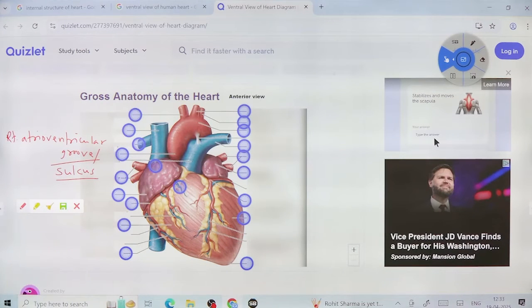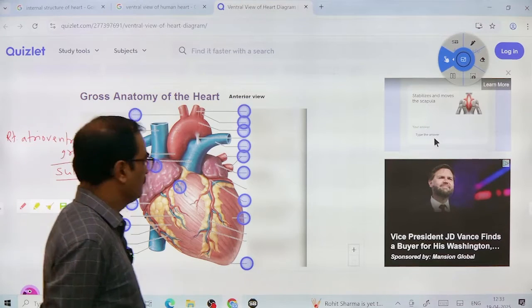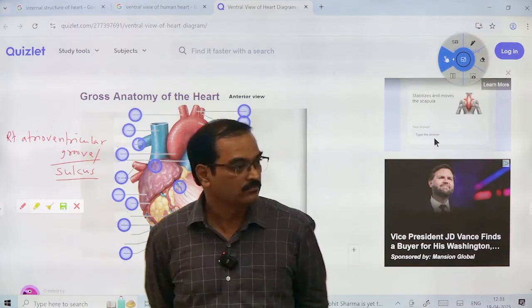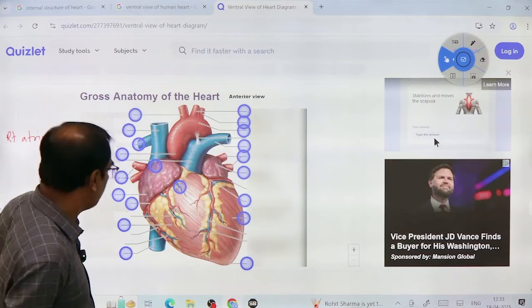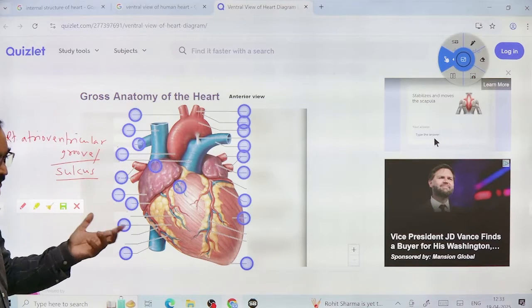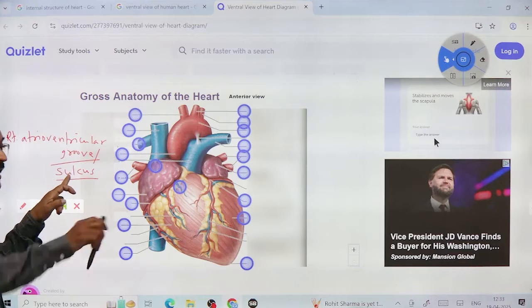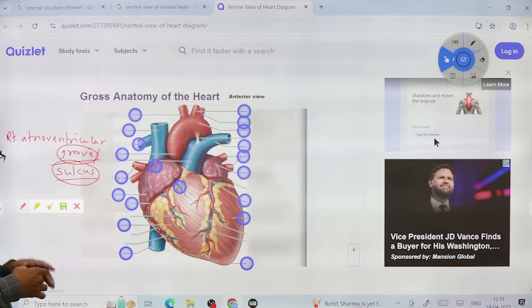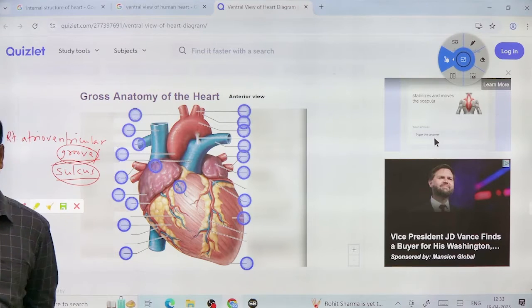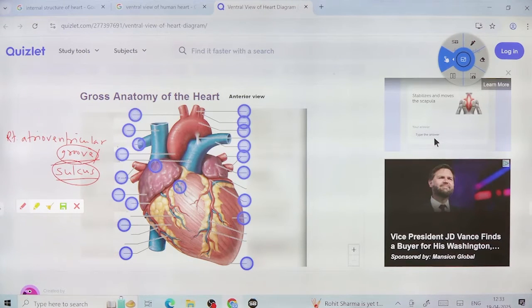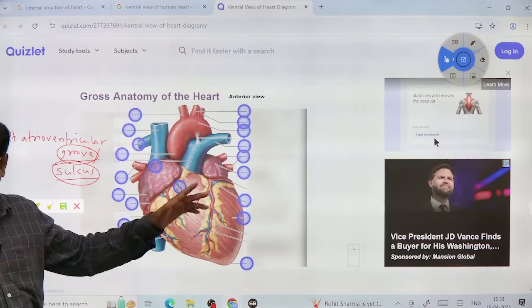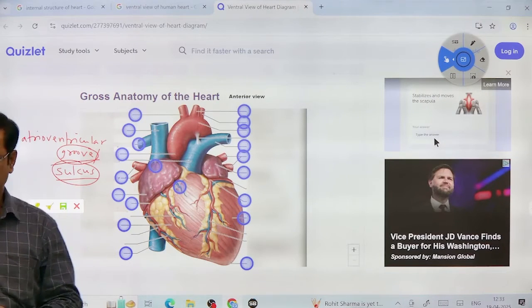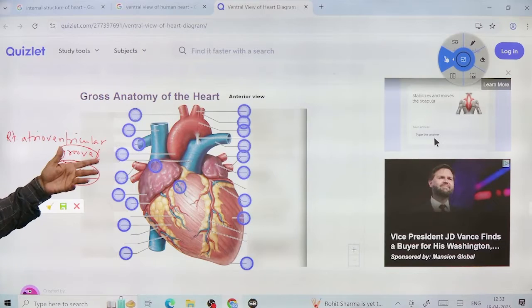All these are external. Groove is called sulcus, so the total name will be atrioventricular sulcus. Groove and sulcus are synonyms. Otherwise, the first word is the same. What will be the left atrioventricular groove? Left atrioventricular sulcus. Groove or sulcus.